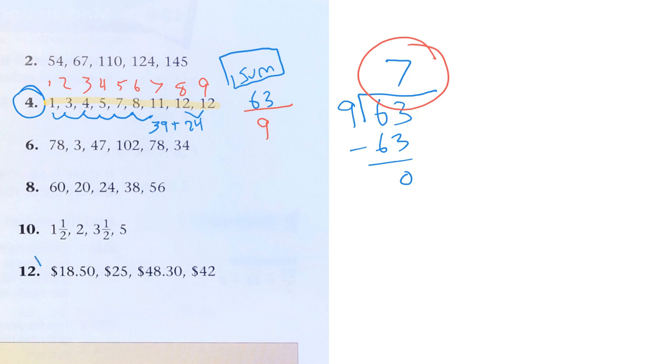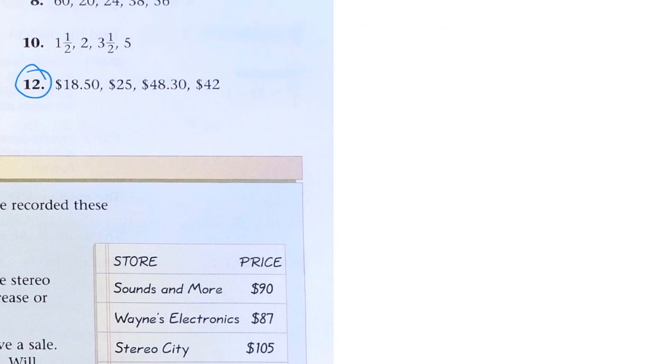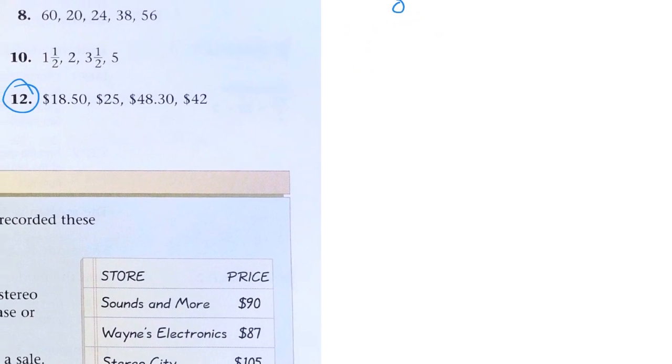Everybody likes money. Let's try the money one. Maybe we need to scoot it down. So we've got decimals. So remember to line everything up with the decimal. The whole number, if it doesn't have a decimal, automatically has it to the right of it. And 42.